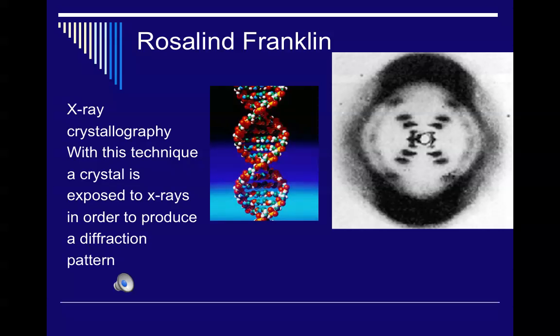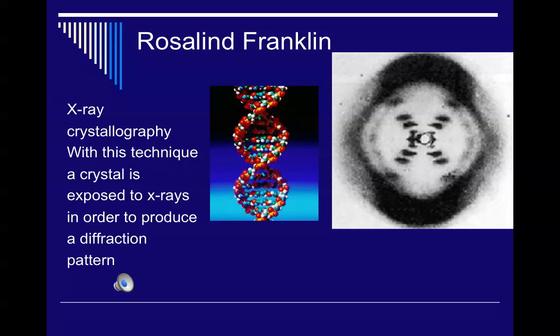X-ray crystallography allows a scientist to view the individual atoms within a structure. And Rosalind Franklin was particularly good and quite expert at purifying and creating exquisite crystals of DNA, which were then exposed to X-rays, producing what are called X-ray diffraction patterns.